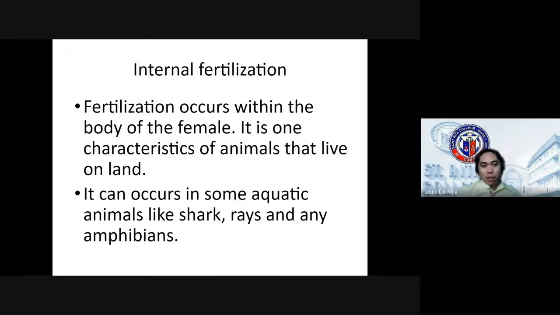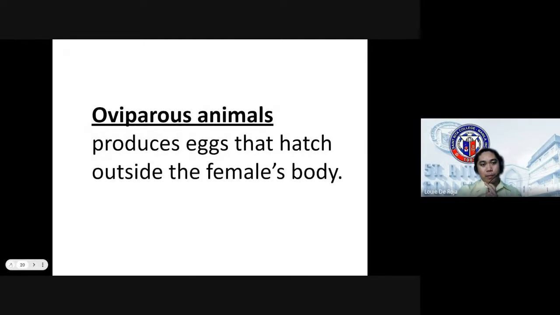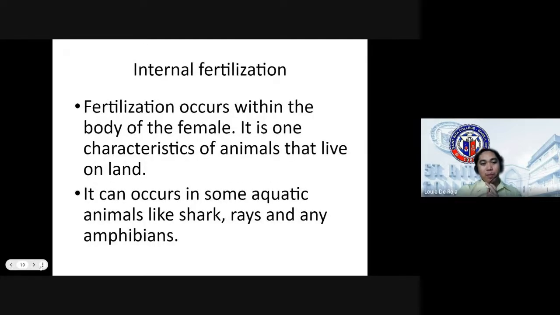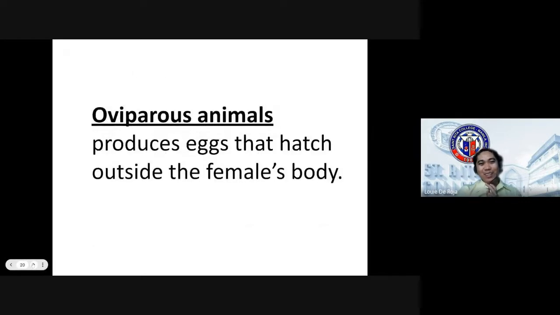But some of them, katulad ng shark, rays, hindi sila external fertilization, kundi internal fertilization. Parang mammals, may pagka-mammals. Okay? Naguluhan tuloy tayo. Okay, so may iba-ibang klase ng animals, internal fertilization.